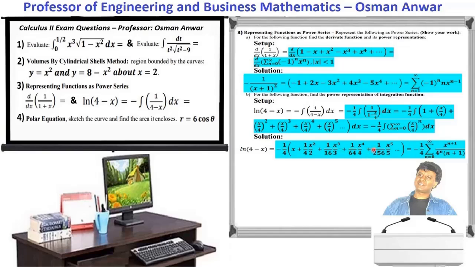So the x's are x to the n plus 1, they are increasing by 1, and the powers of 4 are increasing by 1, so that's 4 to the n, then you have 2, 3, 4, 5, which is n plus 1. So this is basically the power series of ln of 4 minus x.